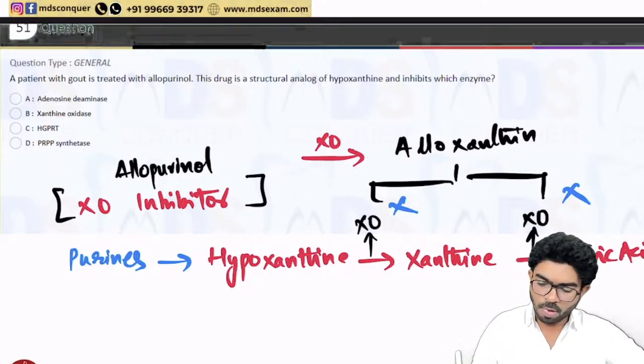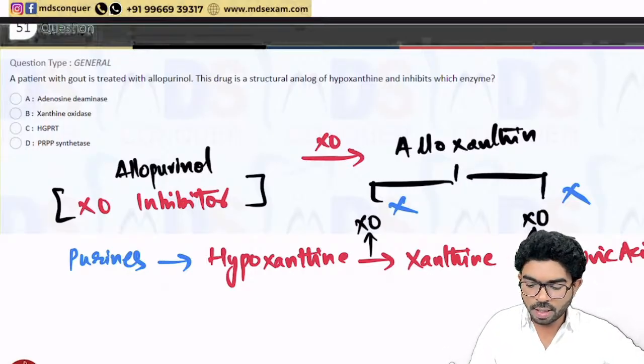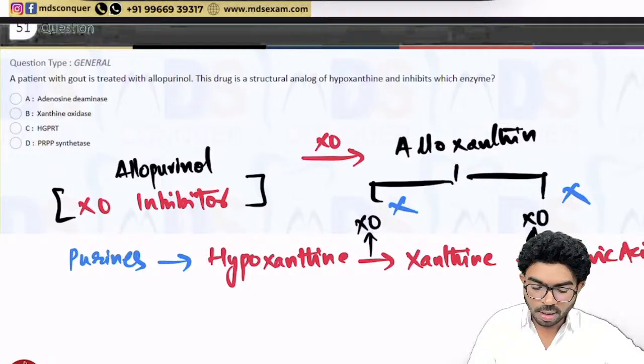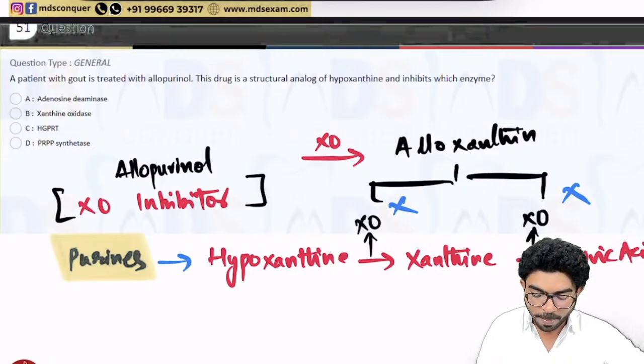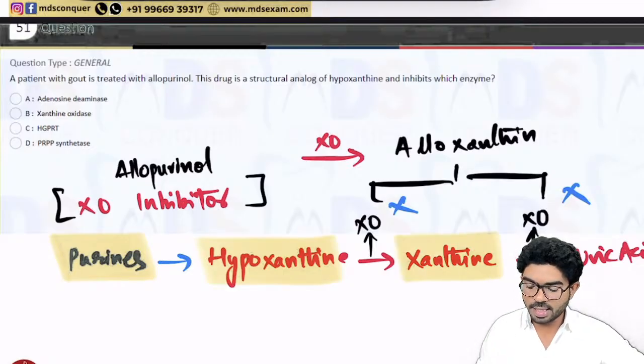Okay, so now most of us are aware how gout happens, and if you closely monitor, it is basically produced from the degradation of purines. Very frequently asked question. So purines are going to get broken down and give hypoxanthine. This hypoxanthine will be converted to xanthine, and the xanthine is finally degraded to form uric acid.